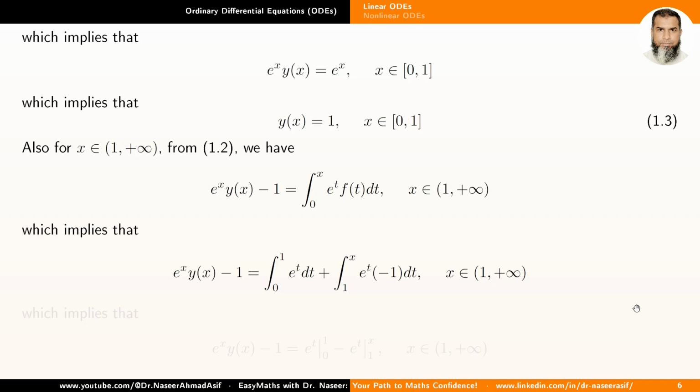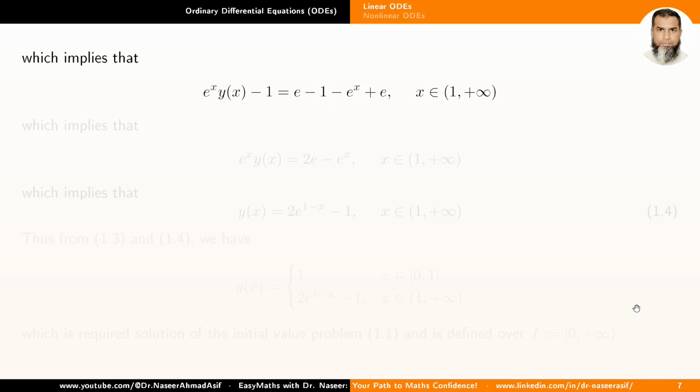So e^x y(x) minus 1 is equal to e^t from 0 to 1 minus e^t from 1 to x. So e^x y(x) minus 1 is equal to e minus 1 minus e^x plus e, where x belongs to the open interval 1 to plus infinity. So e^x y(x) is equal to 2e minus e^x, where x belongs to the open interval 1 to plus infinity.